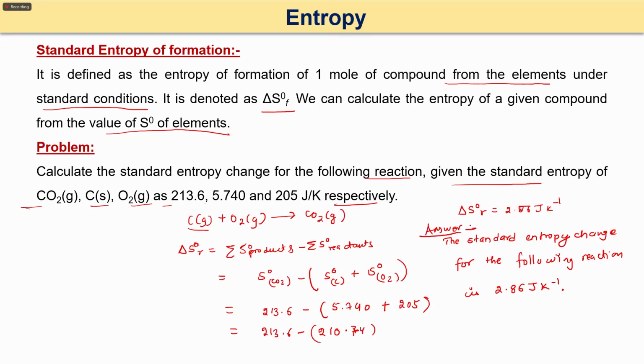So in this problem, we had to calculate the standard entropy change for the reaction, and we just applied this formula. And after that, we just put the values and did the calculation and got our answer. Let us move to the next slide now.